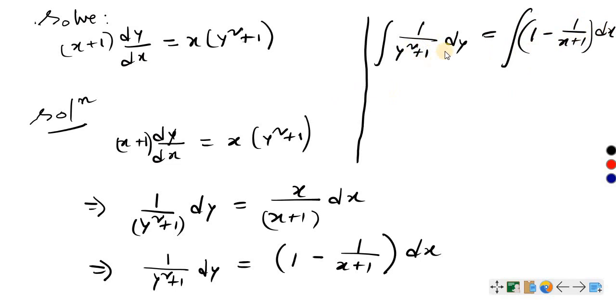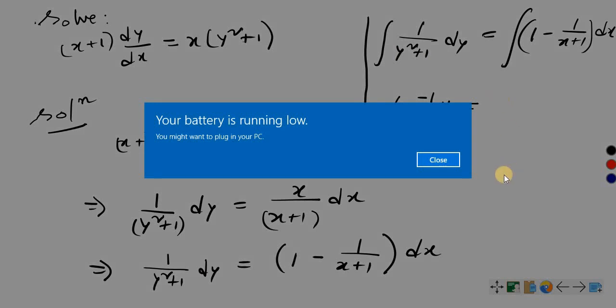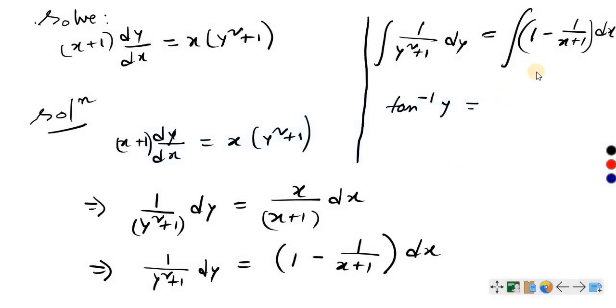If you remember the formula, the integration of 1/(y² + 1) can be written as tan inverse y, equals, and here if we integrate we will get x minus log(x + 1) plus some constant c.